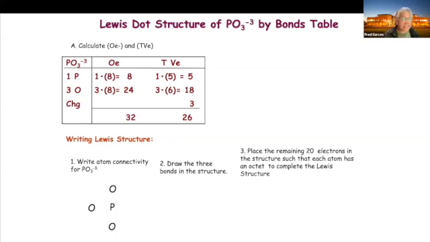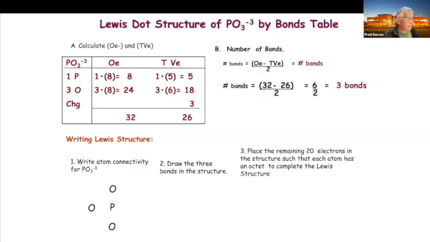So if you subtract 6 from 26, there's 20 remaining electrons. 20 divided by 2, that's 10 lone pairs. So without doing any structural work, I know this compound has 3 bonds and 10 lone pairs.